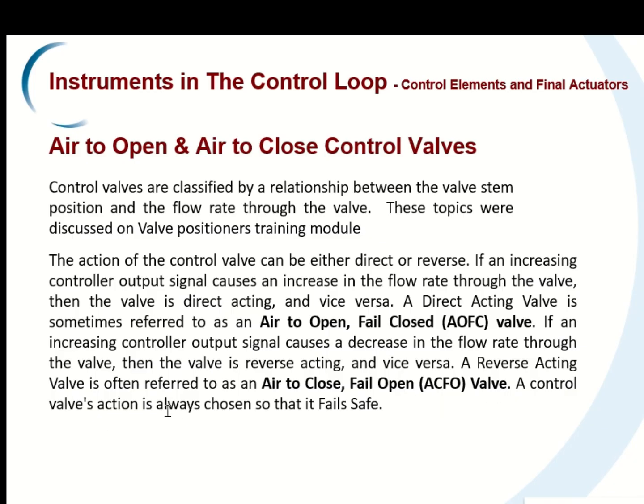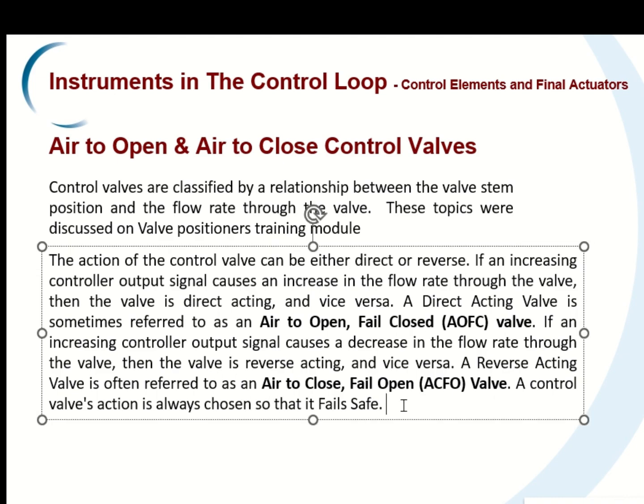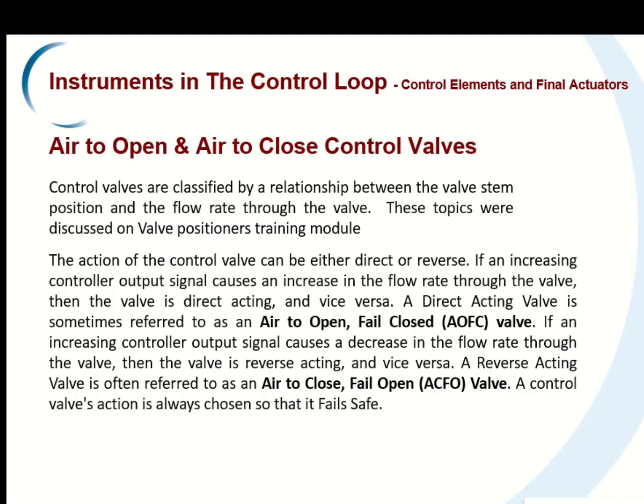So a control valve action is always chosen so that it's fail safe. So whether it is reverse or direct acting, the fail safe positions are always selected in the way the operation requires.